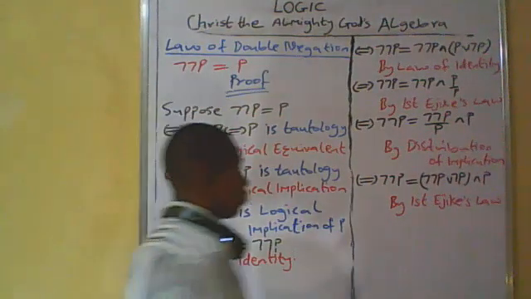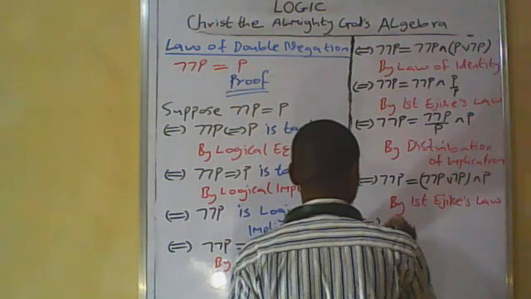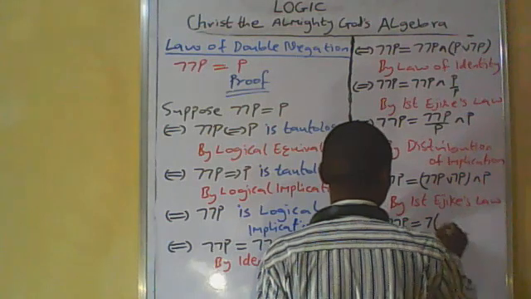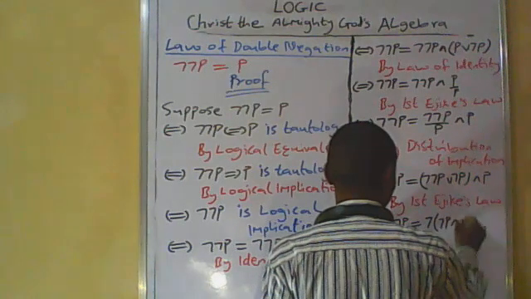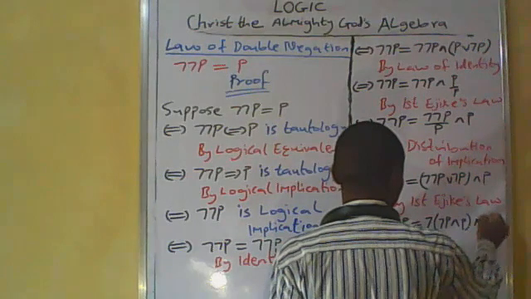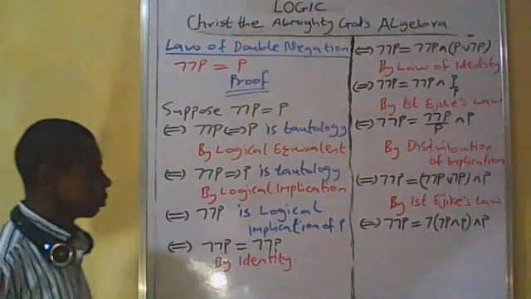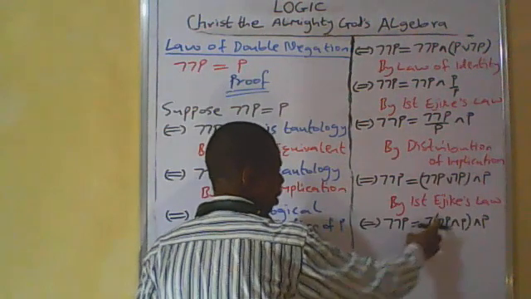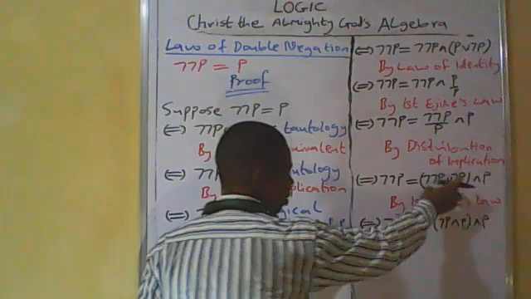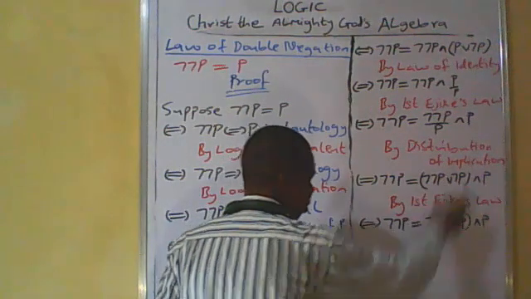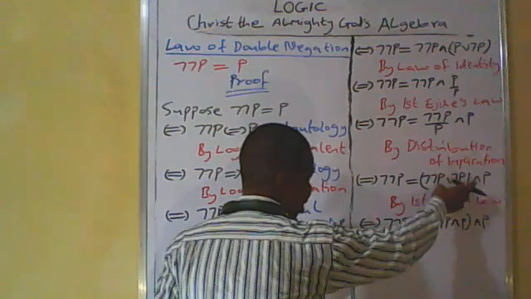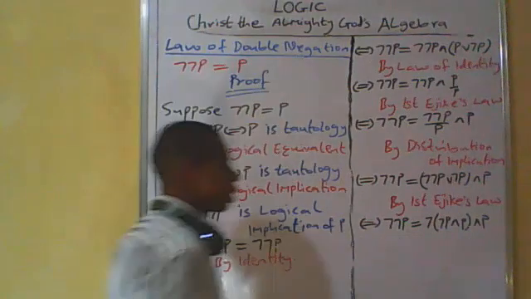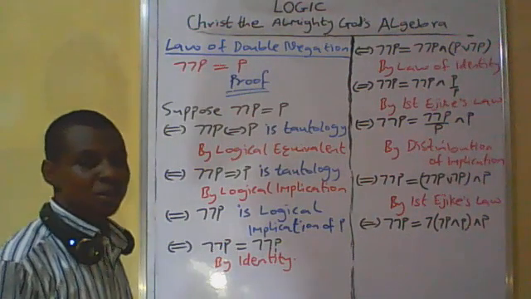So if and only if not P is equal to not bracket not P and the P. You see that we have now substituted this not P or not P with not bracket not P and the P. This disjunctive statement has been substituted by De Morgan's law.